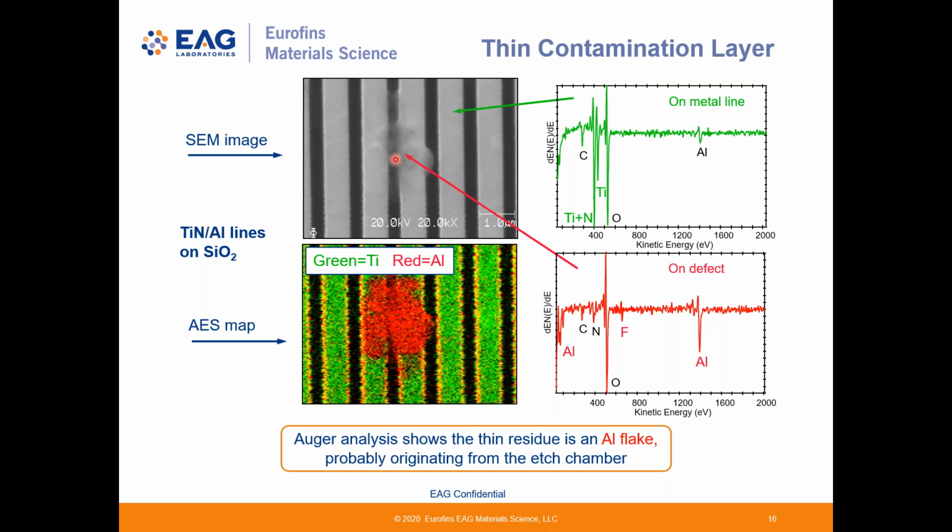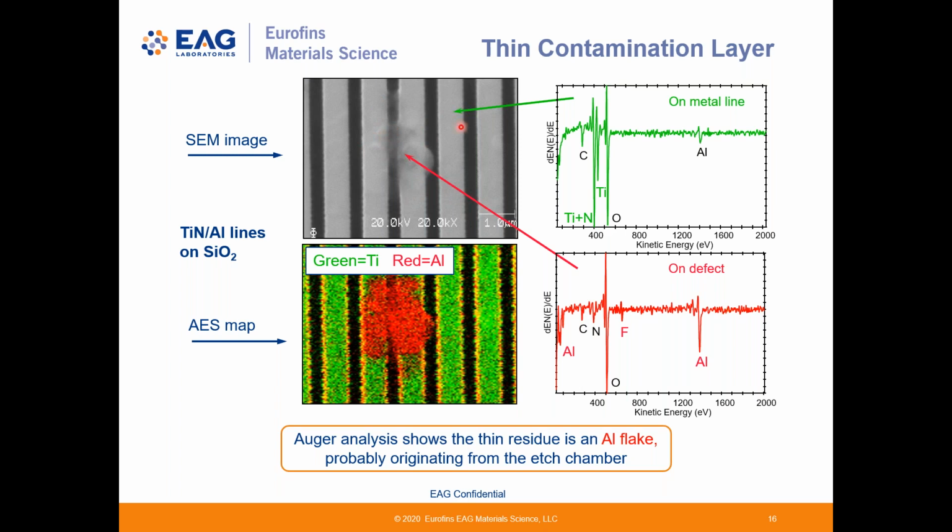If imaging is all you need, it's best to go to a dedicated SEM, but for Auger analysis, we can provide reasonable SEM images. In this image, we can see an amorphous looking thinnish defect spread across a couple of titanium nitride coated aluminum lines over a silicon oxide substrate.